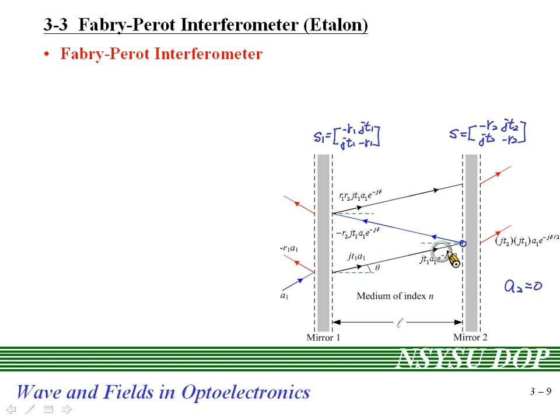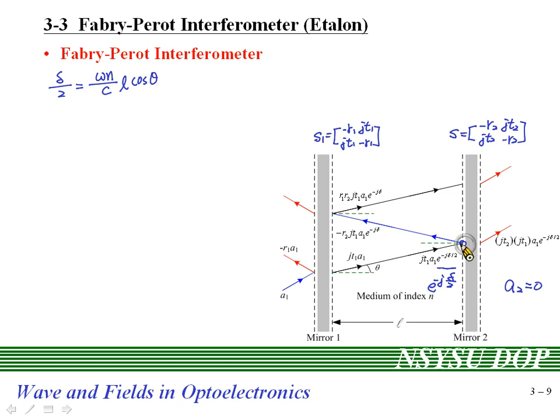Along this path, it will gain phase difference exponential minus j half delta. Here, half delta can be obtained by omega n over c times L cosine theta.